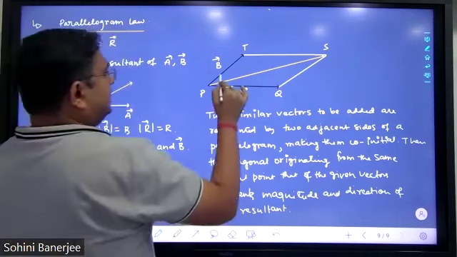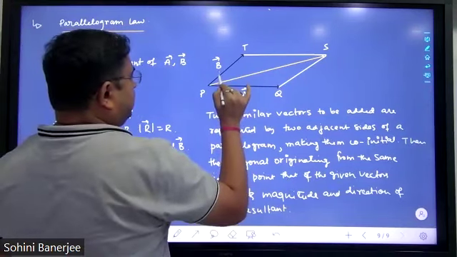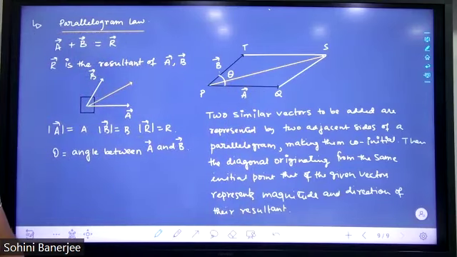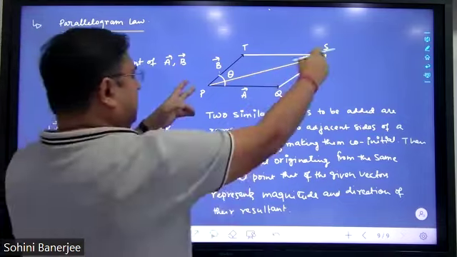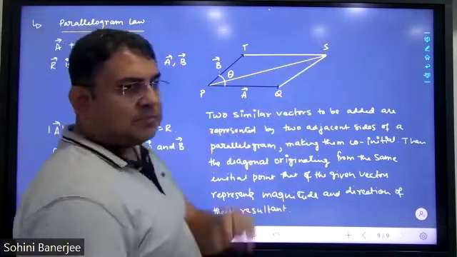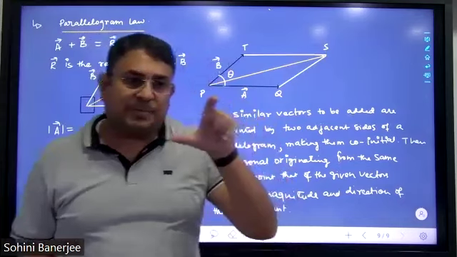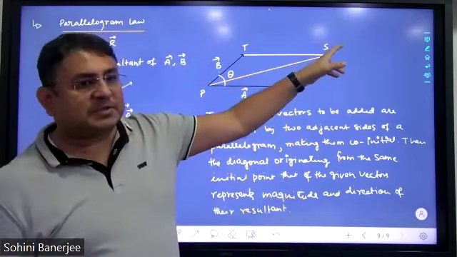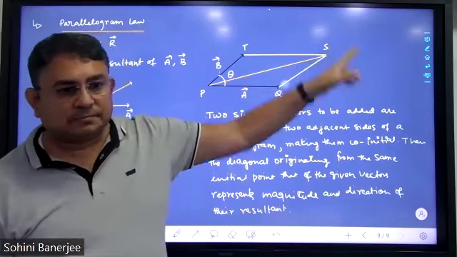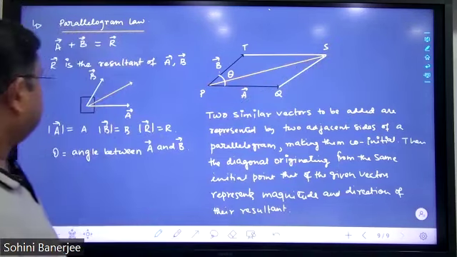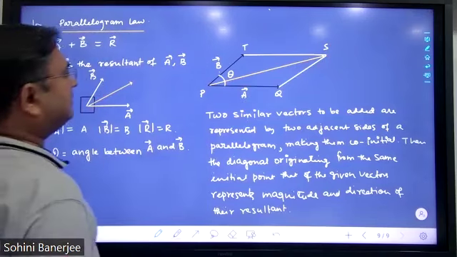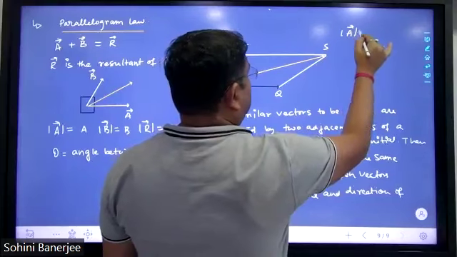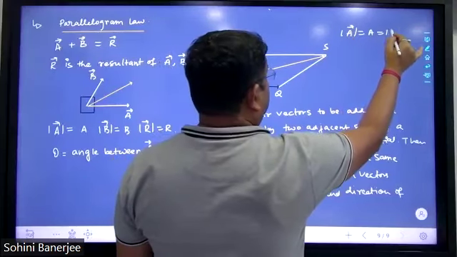So, modulus A given, modulus B given, angle between the vectors theta given. Now my job is to measure the length PS, because we know in geometry the length represents the magnitude of the vector. So magnitude of the resultant R is represented by PS. Modulus of A is A in the diagram, that is PQ.